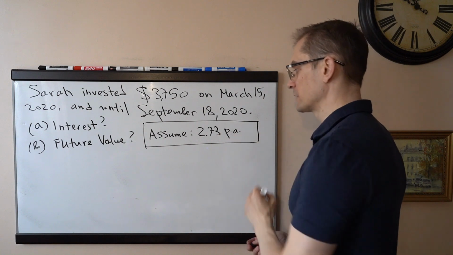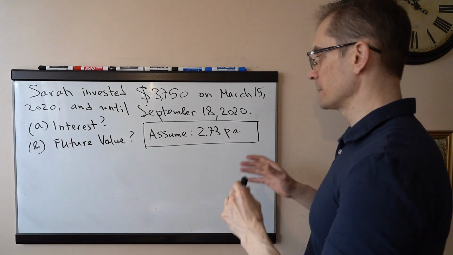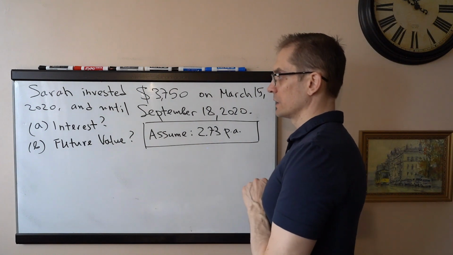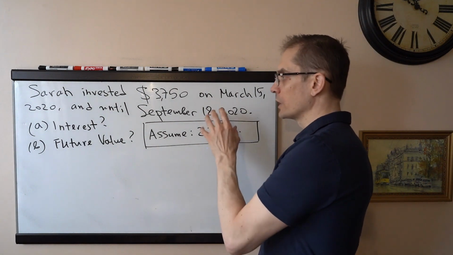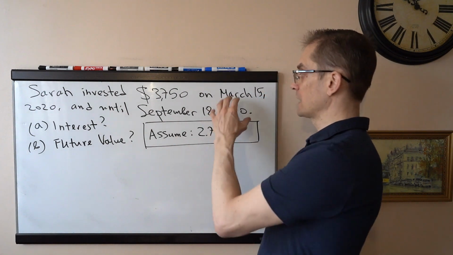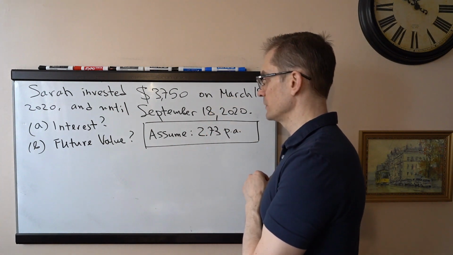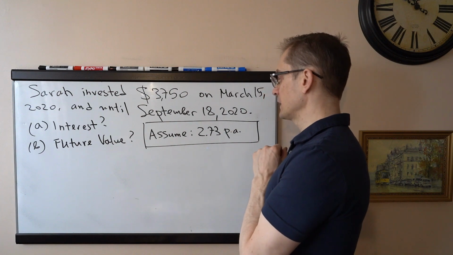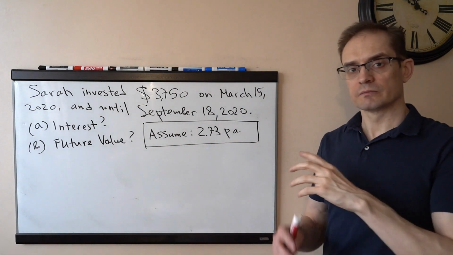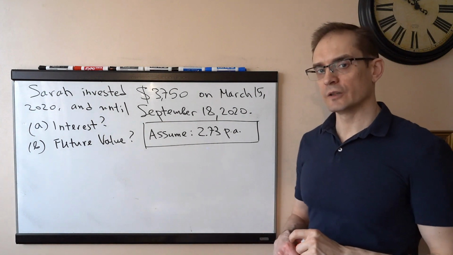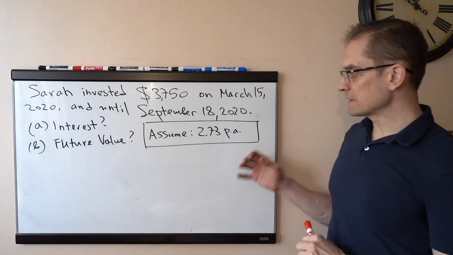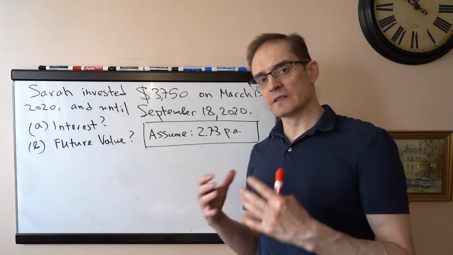Now in this problem, one thing to note is that we're not given the amount of time directly. We will have to deduce it from the information given. Second thing is that this time you see there is PA, which, now you know, means this rate is per annum. But it doesn't say explicitly that it's a simple interest.